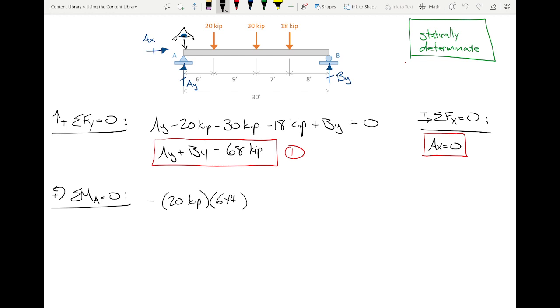So we say minus 30 kips, 15 feet. What about the 18? What is the moment arm from A? 22, exactly, because from A, that is the moment, force times distance, FD, right?